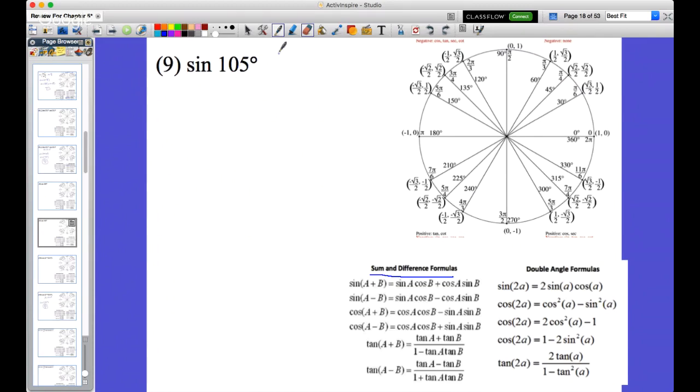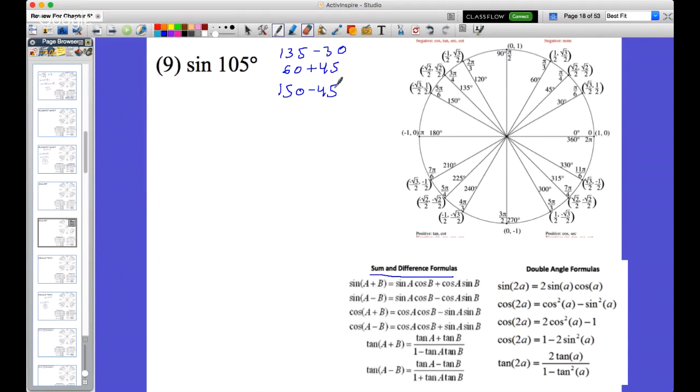So I mean 105, I know 135 minus 30 works. I know that 60 plus 45 works. I know that 150 and 45 work. I mean, it doesn't matter. It's just choose the one that fits you best, or the one that pops in your head first.